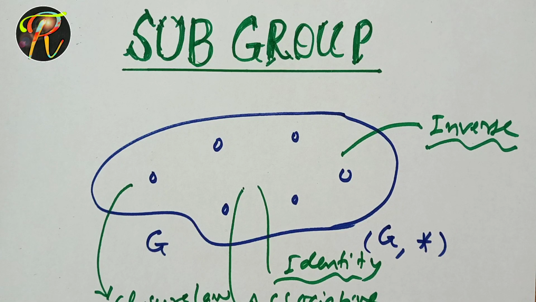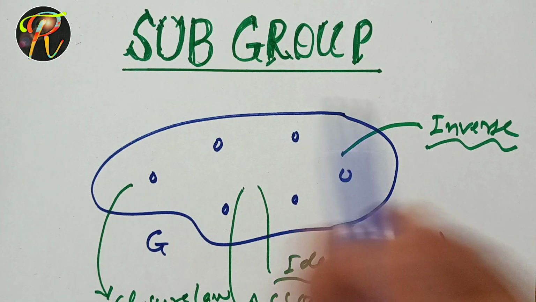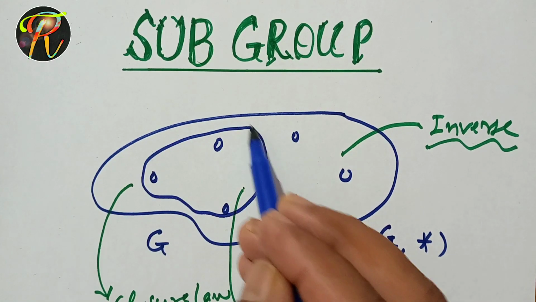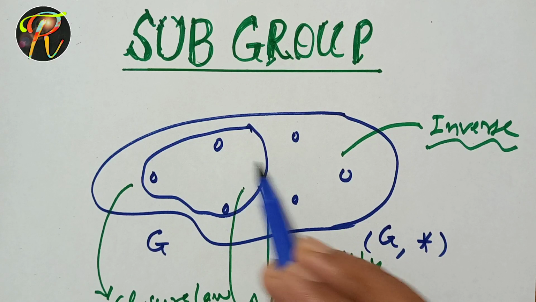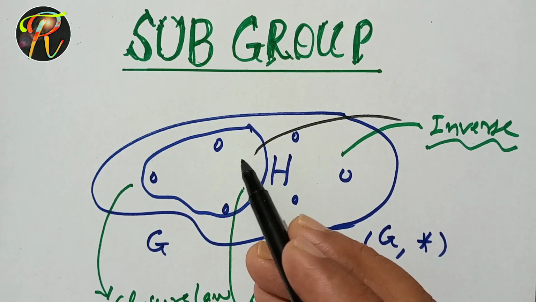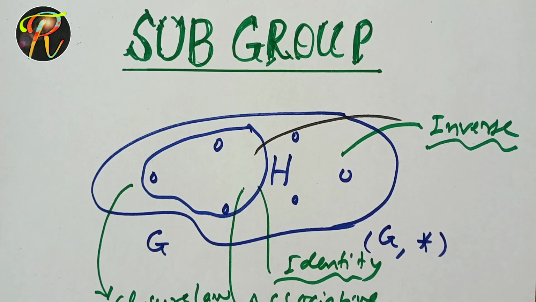Similarly, if G is a group and H is any non-empty subset of G, and this H has the properties of closure, associative, identity, and inverse, then we say that this is a subgroup of G.